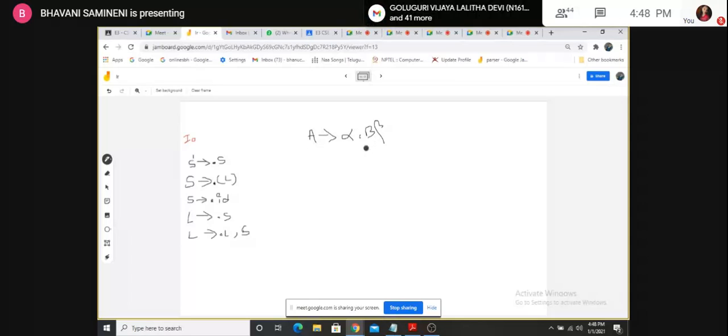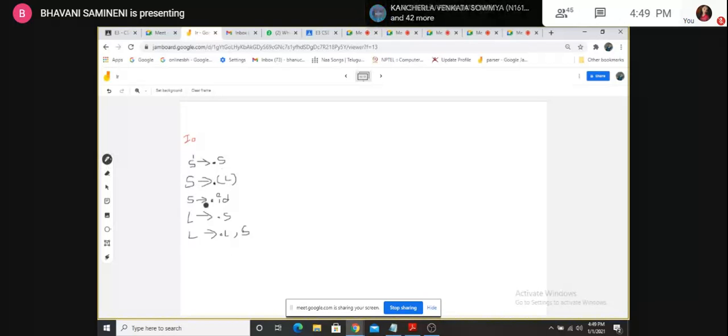Whenever B is the next symbol after the dot, only then do I include the B productions. But in this closure I0, after dot we are having S, so I have included the S productions. These two are the S productions.